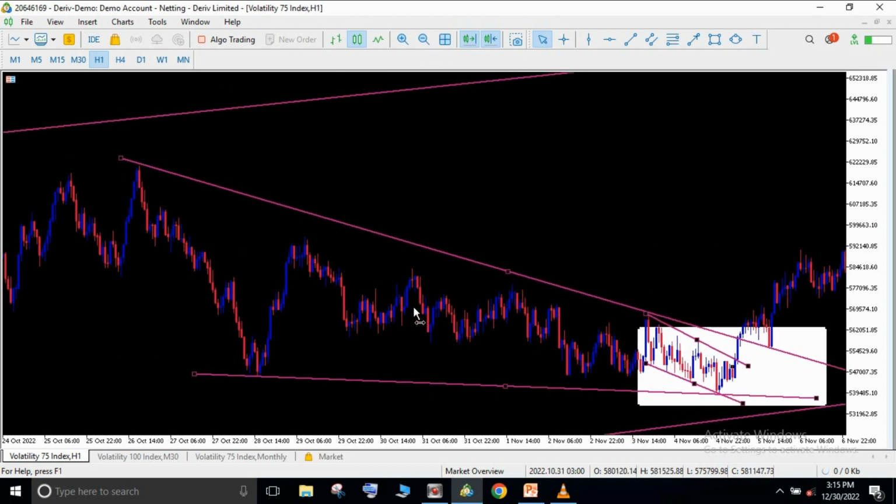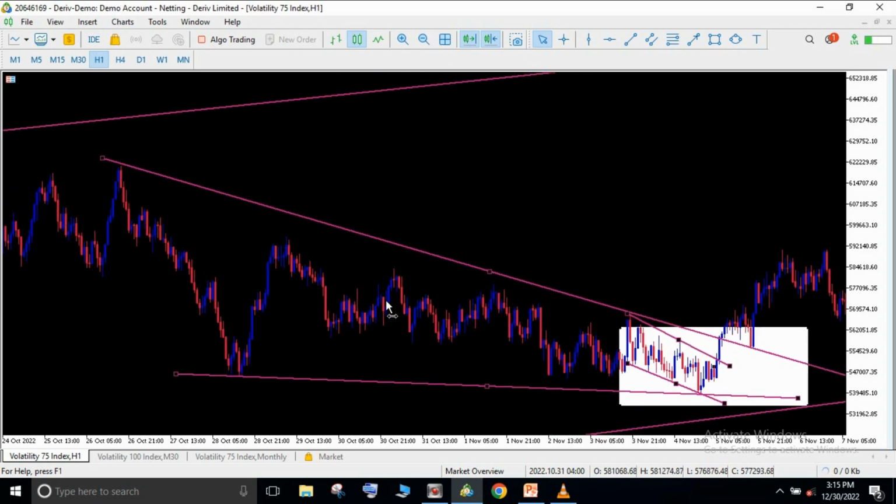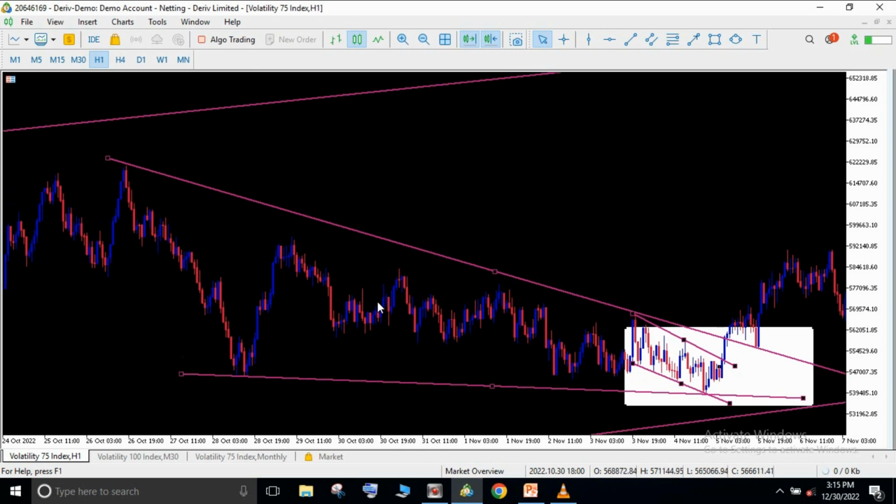So when we reach H1, we make adjustments to get a clear picture of the pattern which we got in H4, and then we dive into minute 15. In minute 15 we also find another pattern, guys. We find our setup in minute 15.